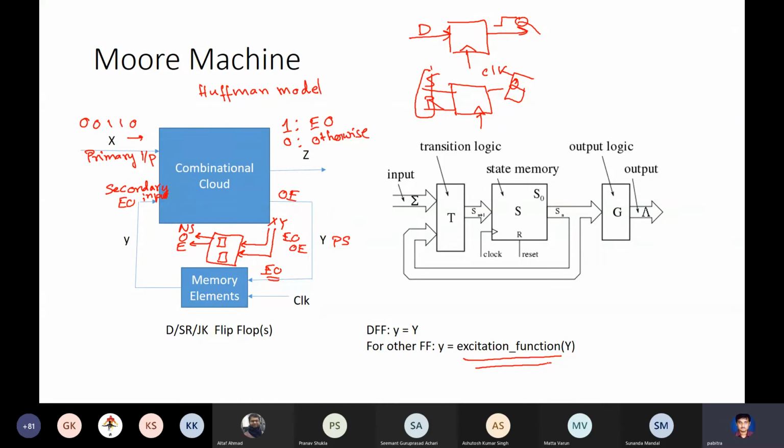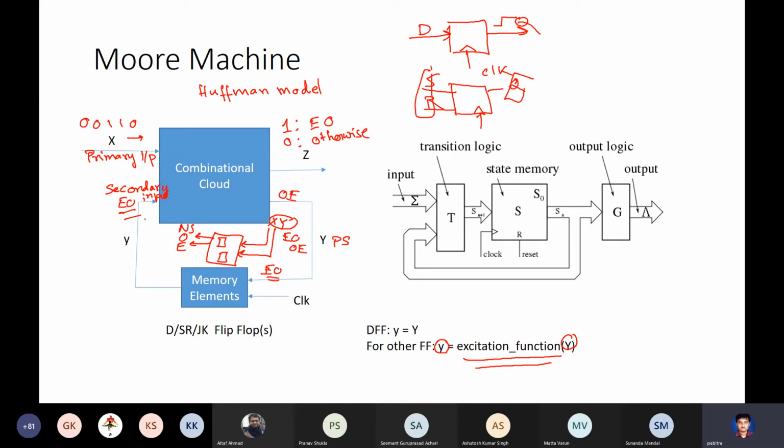This will also determine your logic, because to hold this value, you have to determine the proper value of Y depending on your excitation function, so that the desired value is held till the next transition. So the values you generate here need not be direct state encodings. They have to be some inputs such that the output is held to the desired state encoding. In our terminology, this is the present state encoding.